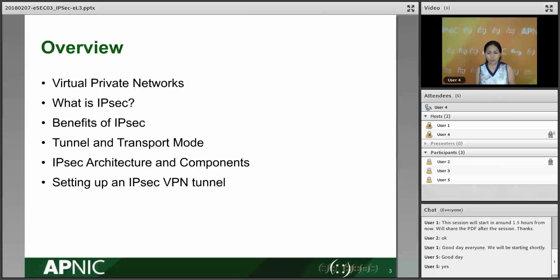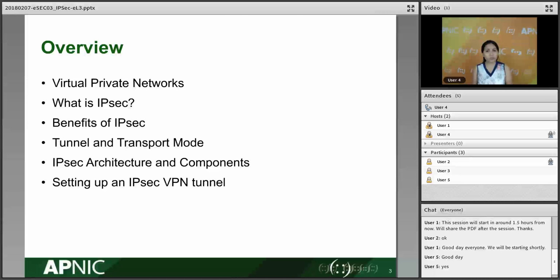All right, so our focus today is on VPN, particularly on IPsec. I just have a very brief introduction of what VPN is. I'm pretty sure most of us know about that, but then an introduction to IPsec. And then we'll jump into the concepts of IPsec, the benefits, the different modes, tunnel versus transport mode, and when to use each one.